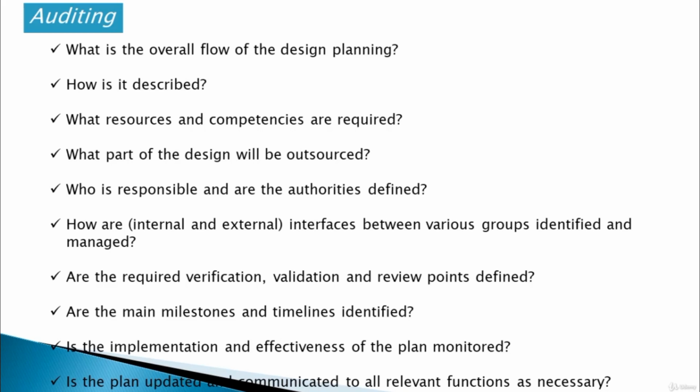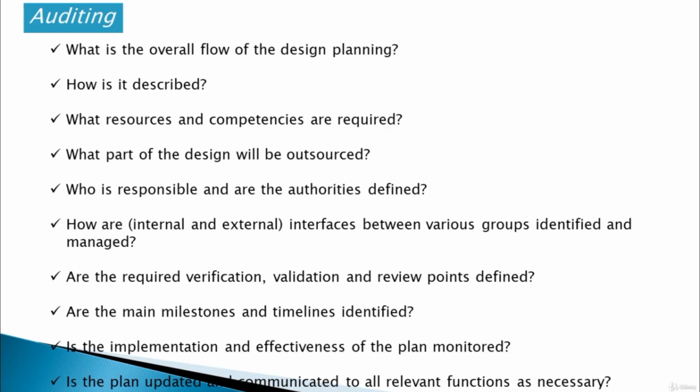So the auditor needs to evaluate the outsourced resources and who will be responsible. The auditor needs to understand who will be responsible and if the authorities are defined, and whether internal and external interfaces between various groups are identified and managed, and are the required verification, validation, and review points defined, and are the main milestones and timelines identified.